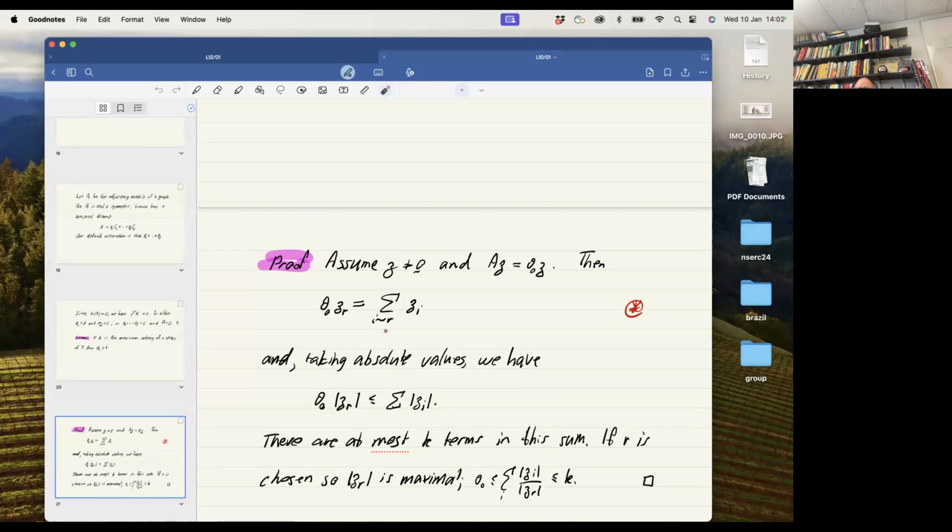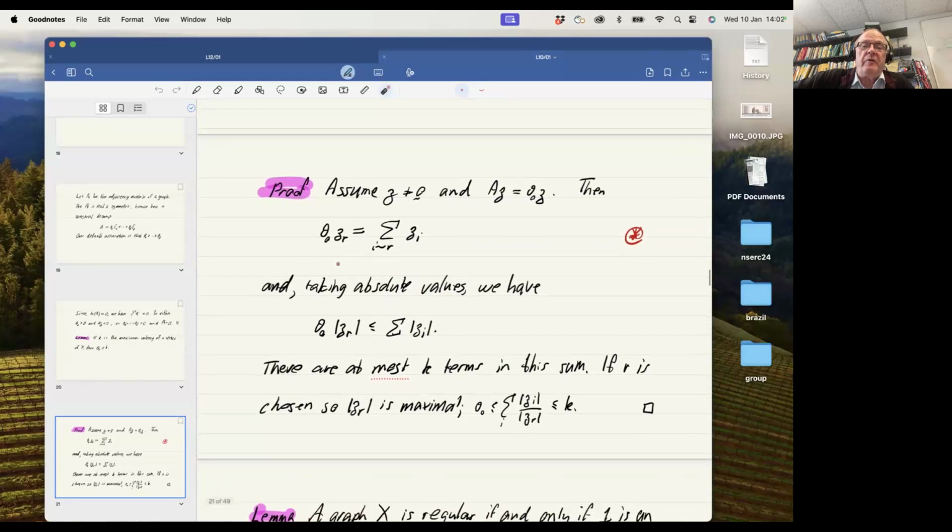So to get the entries of Af, you're summing the values of f on the neighbors. That gives us this formula, and this is in a sense much more useful than the previous one.